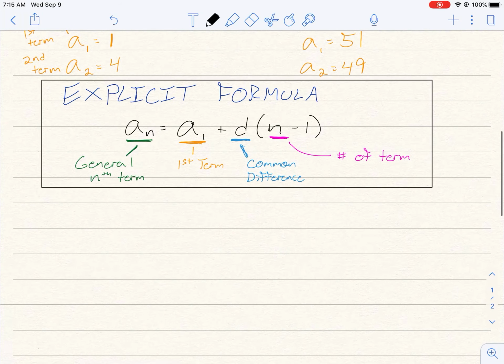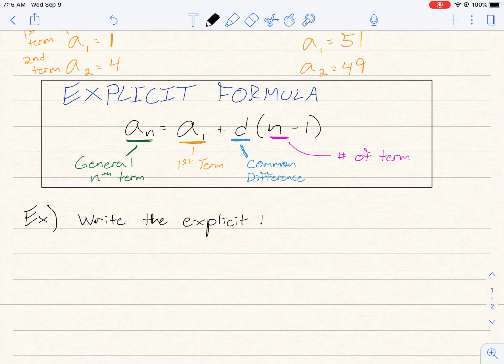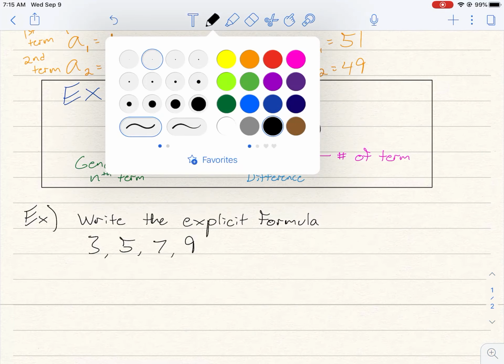Okay, so using the explicit formula, let's look at an example of doing so. So let's write the explicit formula for the sequence of 3, 5, 7, 9. Now, when you're writing the explicit formula, here are the big things that you need.